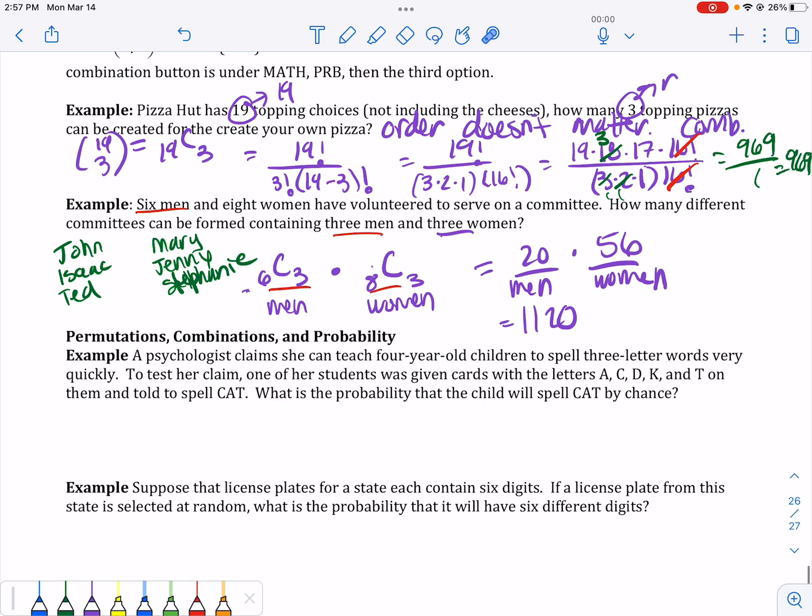So Elizabeth, Jessica, Sarah, right? And then I can do a different combination of Mary, Jenny, and Sarah, right? So each one of these I could keep John, Isaac, and Ted the same with each of my groups of the women, right? Which is why we have to multiply those two together to get to that value.